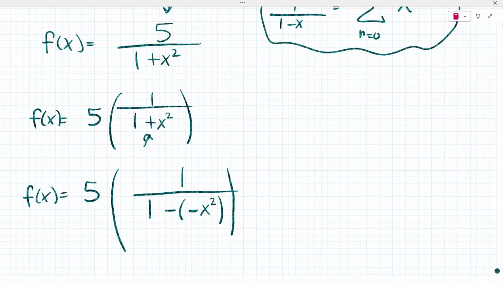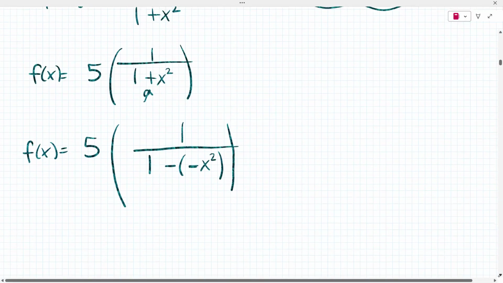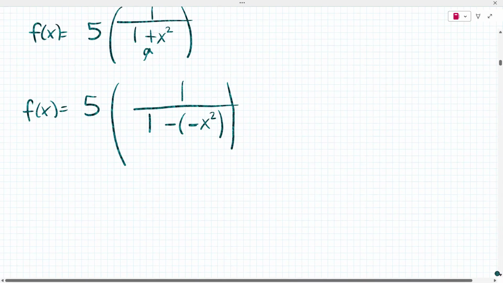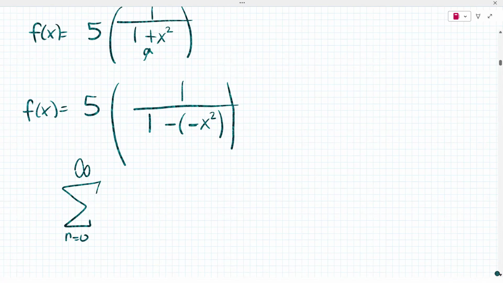And what else could we say? If you simplify this even more, this could be the summation of n equals 0 to infinity of 5 times negative x squared raised to n.